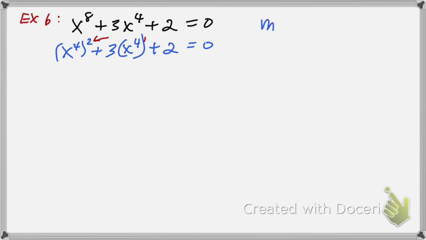I'm going to say M equals x to the fourth. So every place I see an x to the fourth there, I'm just going to put an M. So that changes this to m squared plus 3m plus 2 equals 0.